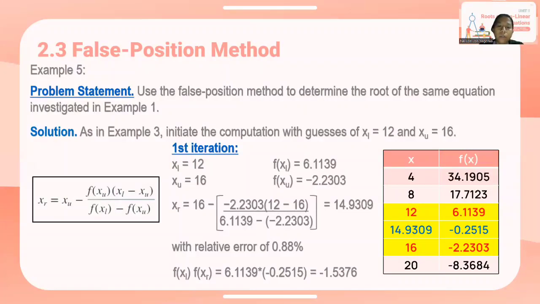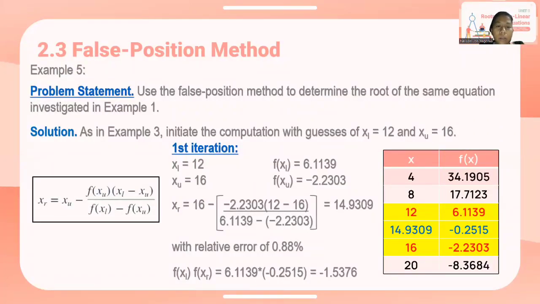Using the formula of the false position, xr equals xu minus f(xu) times (xl minus xu) over (f(xl) minus f(xu)).